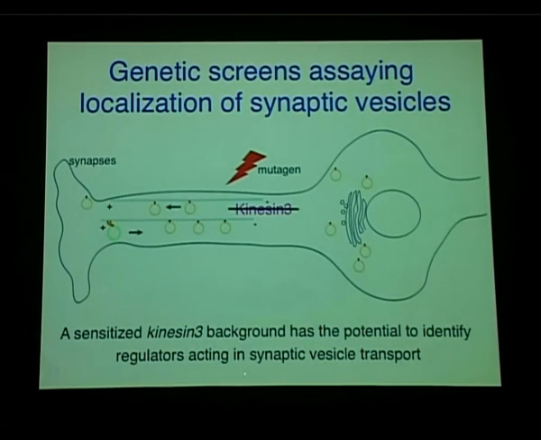And these double mutants would have cargo in the axon, and such a screen, we reasoned, would have the potential to identify either novel molecules or novel functions of known molecules that play specific roles in the context of synaptic vesicle transport.